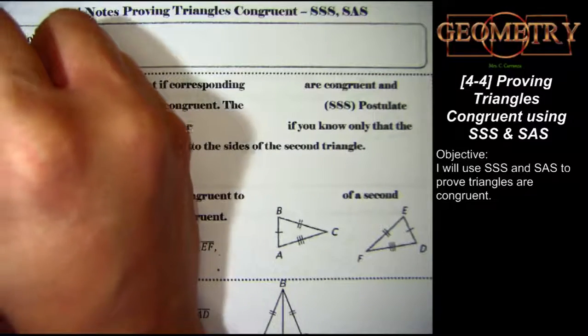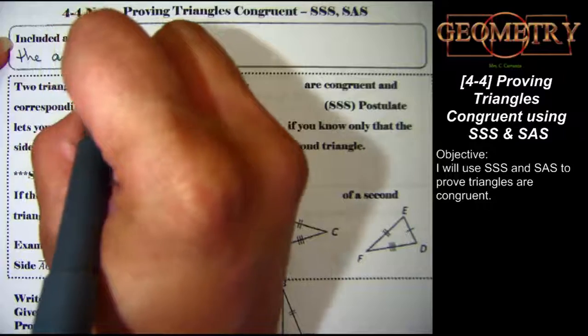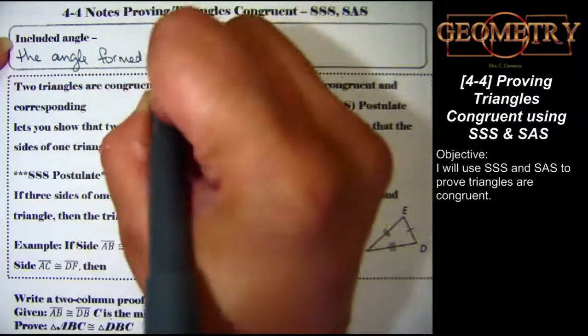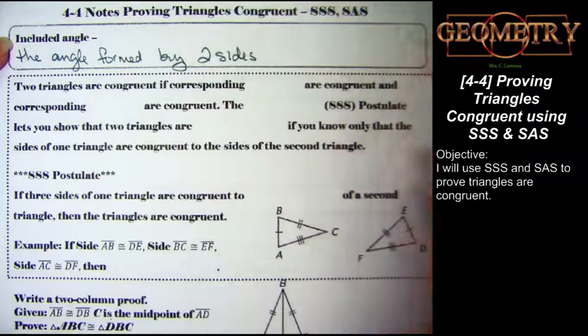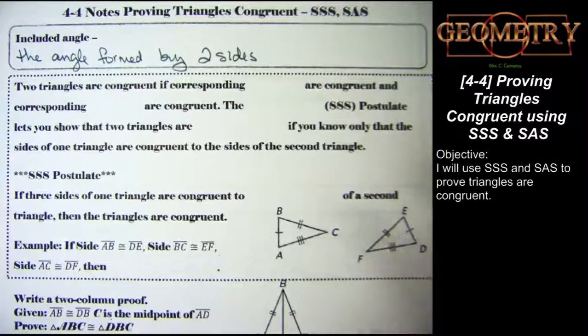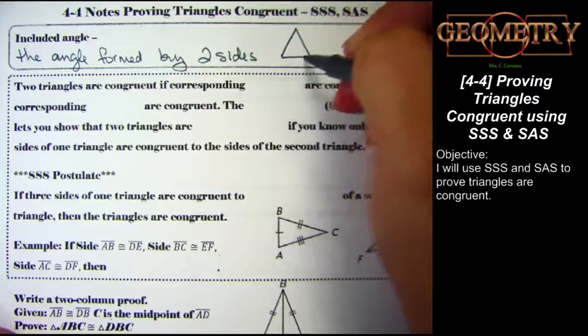The included angle is the angle of the triangle formed by two sides. The included angle is the angle that's in your triangle that's formed by two sides. It looks like this.